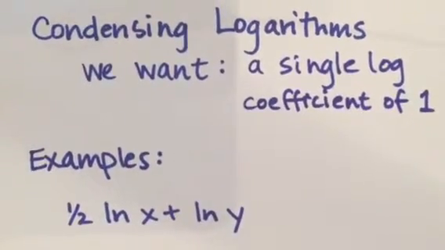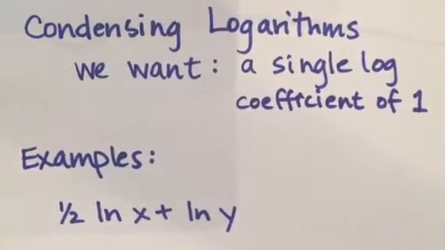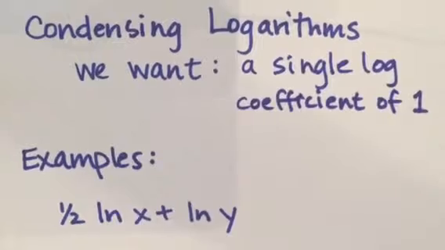We're going to first start with this example: 1/2 ln of x plus ln of y. So the first thing I would suggest doing is getting rid of these coefficients, because once we do that, then we can combine using the product rule.